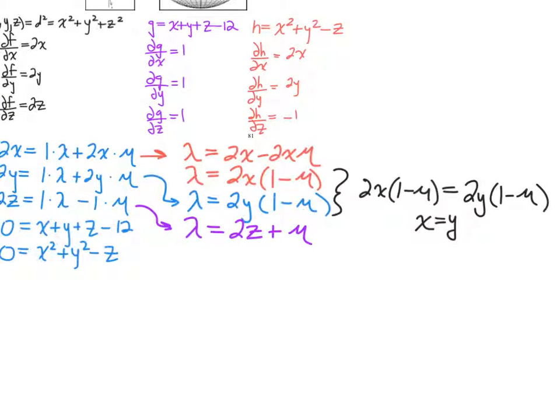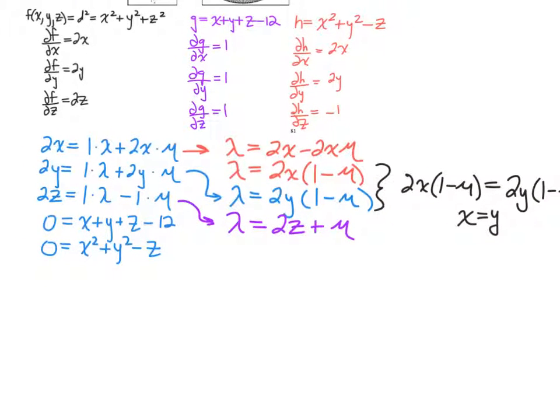All right, so if I substituted either an x for a y or a y for an x, it really doesn't matter. Replace one variable with the other. I get 0 equals, I'll replace the y's with x's, so x plus x, so 2x plus z minus 12.